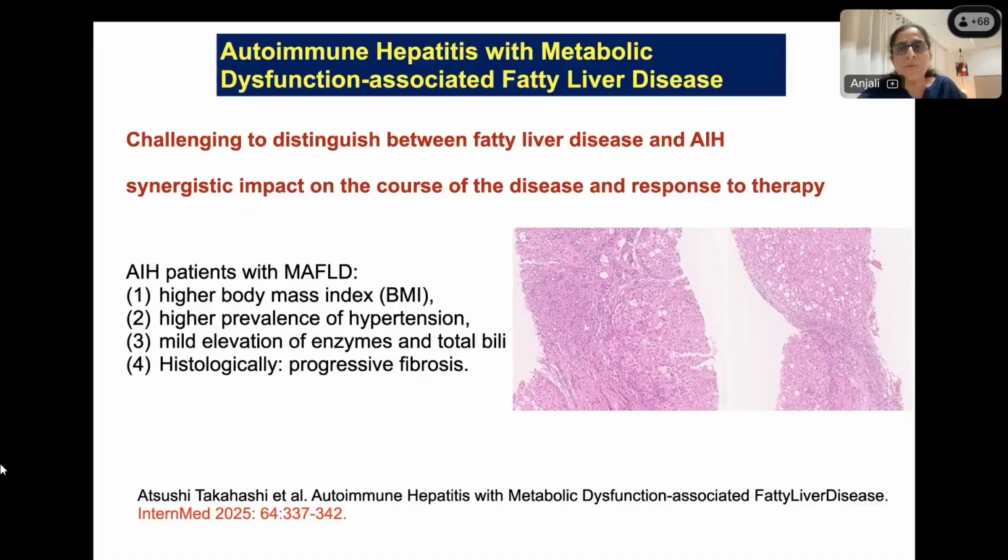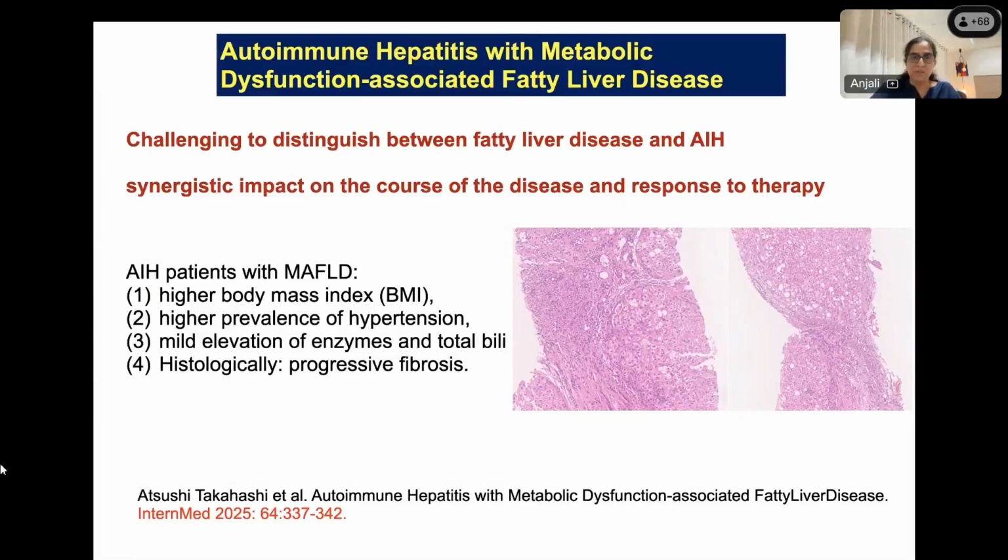Right now also we are facing a challenge to distinguish between fatty liver disease and AIH because of so much prevalence of fatty liver disease, and it has a synergistic impact on the course of the disease and response to treatment. So in future, we are going to see such cases where there is overlap of fatty liver disease with various other chronic liver diseases.